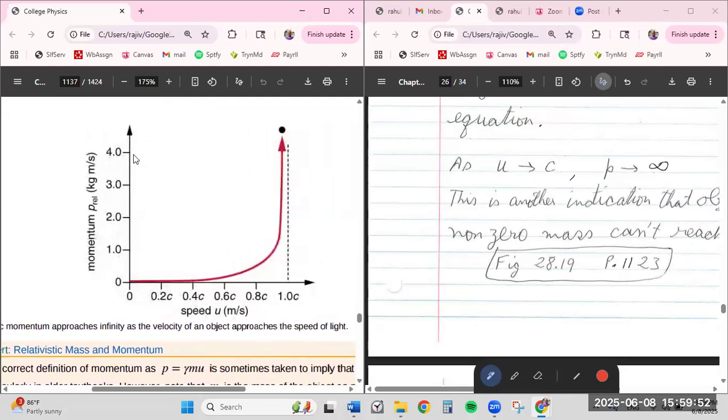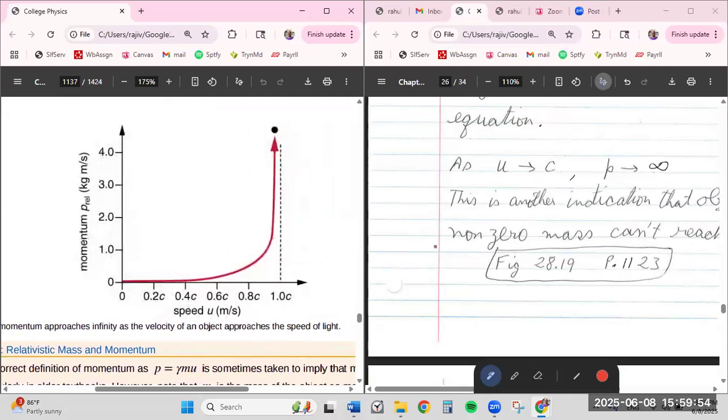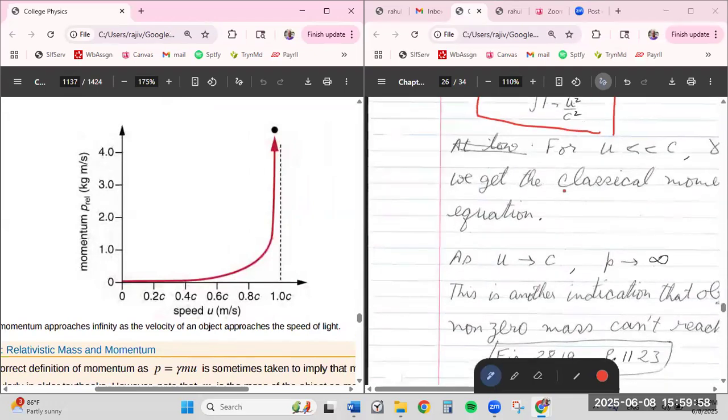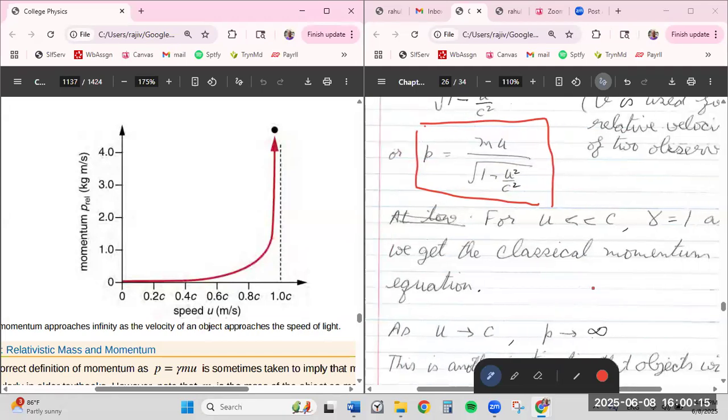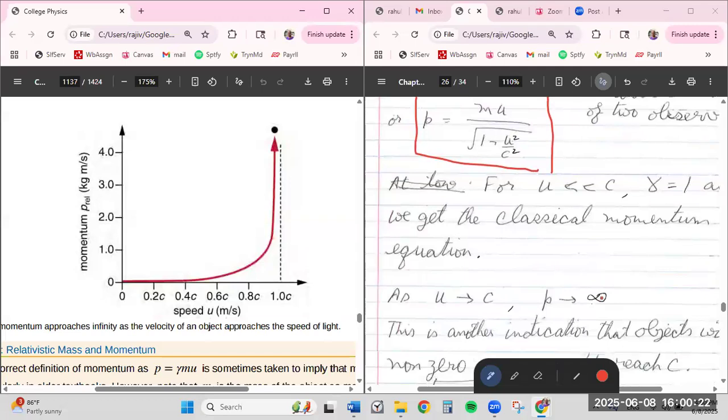So this is the graph of momentum as a function of u, as a function of speed. Now you'll recognize this function, momentum as a function of u. It's a rational function and will have a vertical asymptote whenever the function is undefined. So in this case, as I noted earlier, the function is undefined, or it approaches infinity, when u approaches c.